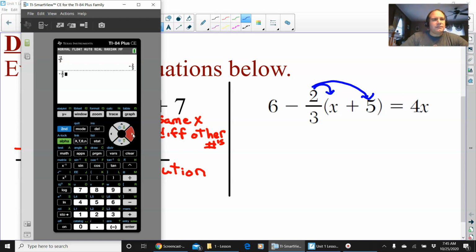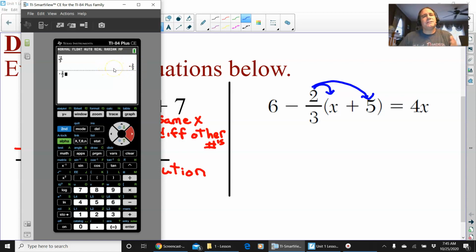When I put the 2/3 in and made the numerator a negative, notice that if I press enter, the calculator will just put the negative in front of the whole fraction, because negative divided by a positive is negative. So the whole fraction is negative.